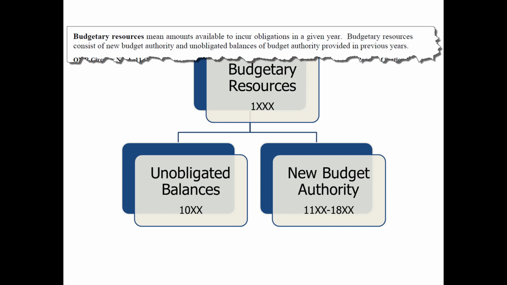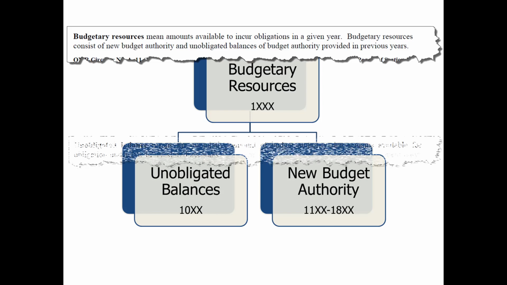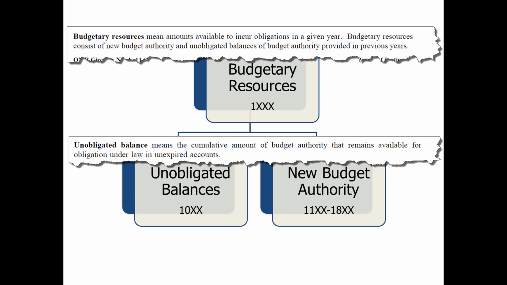The A11 definition of an unobligated balance is the cumulative amount of budget authority that remains available for obligation under law in unexpired accounts. Since you cannot apportion expired balances, that means you will only see unobligated balances on apportionments for multi-year or no-year accounts, and never on an annual account that by definition expires after 1 year of availability.